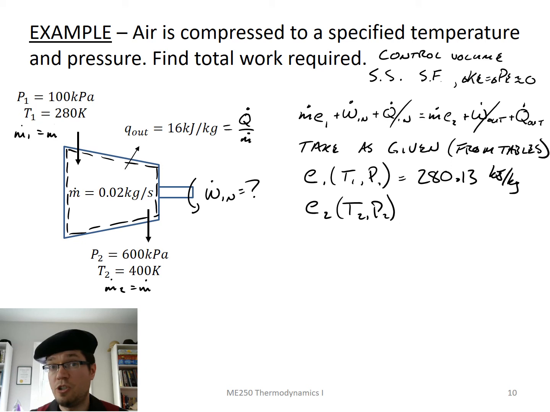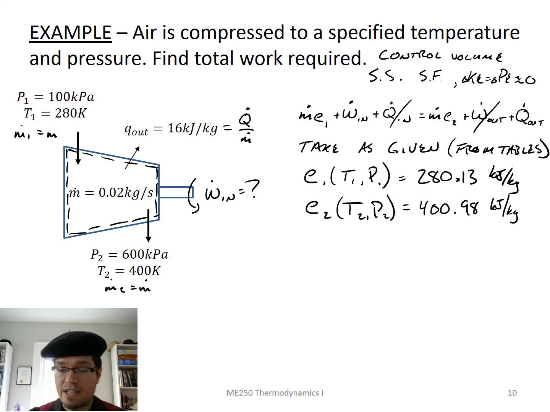Remember, once you've got two independent intensive properties, everything is defined. So with T's and P's, we've got everything that we need, at least for something simple like air. We can look it up at that T2 and P2 and find that it's 400.98 kilojoules per kilogram. And we've got everything we need.